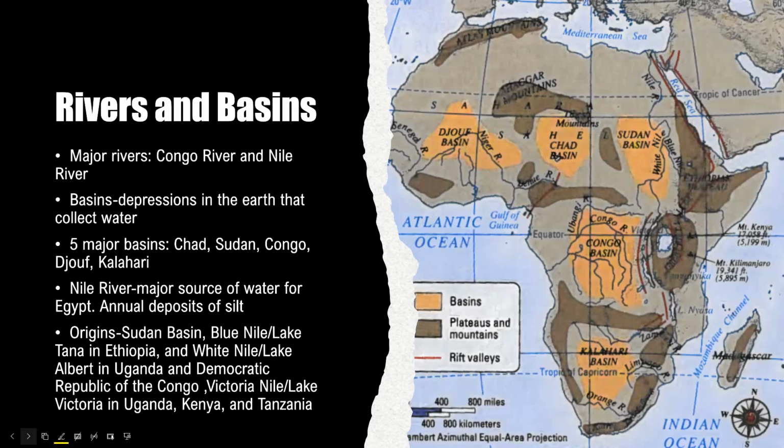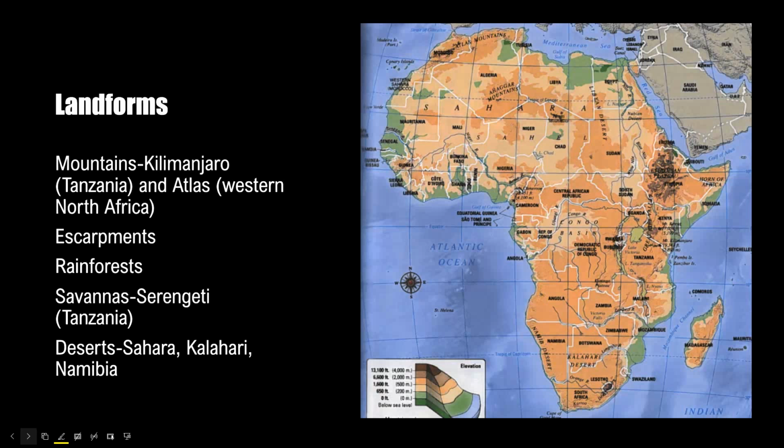Now, you also do have a number of deserts in this part of the world. You do have a really famous mountain, Mount Kilimanjaro, right here. That's covered with snow. And again, just all sorts of fascinating features. Now, in terms of landforms, what are you going to find?